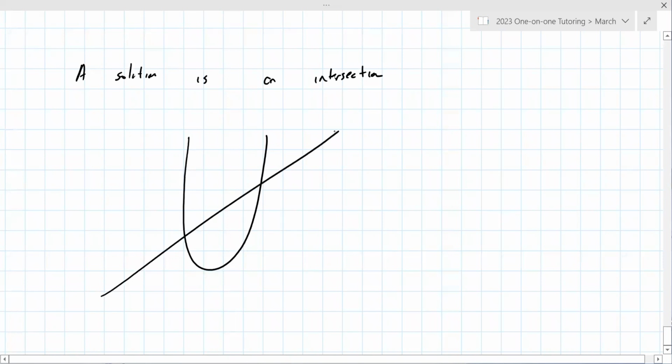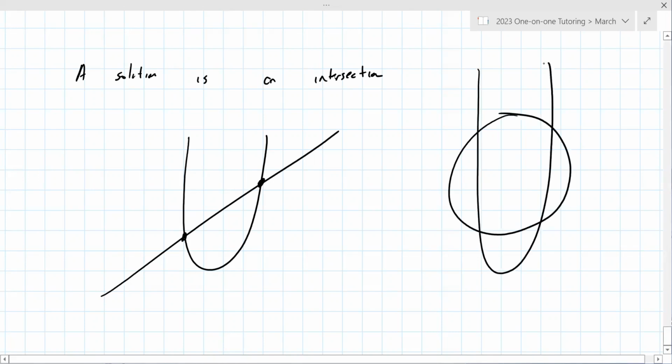How many solutions does this have? Two. Two places of intersection. Let's say I give you a circle and a parabola. How many places of intersection does this have? 4.